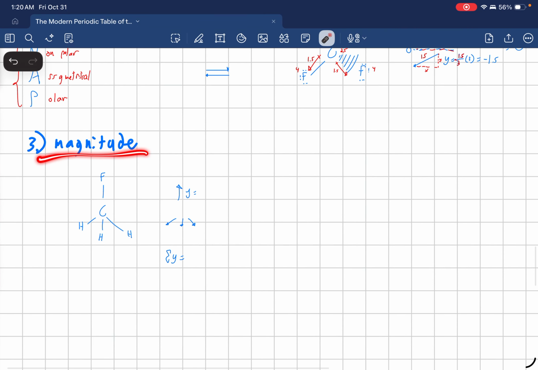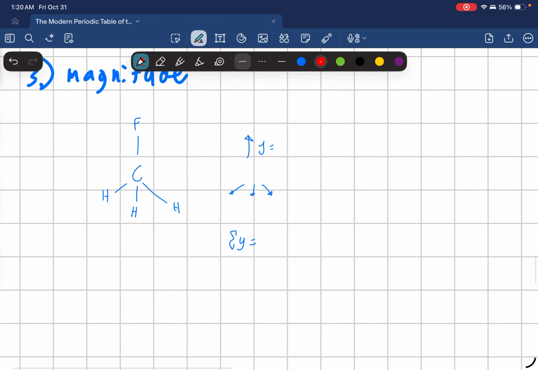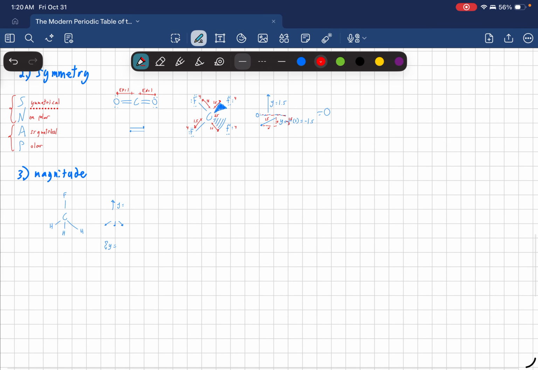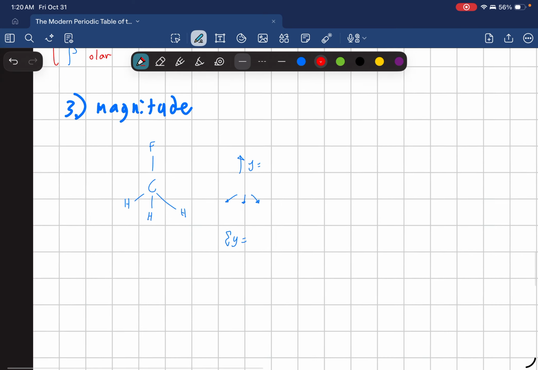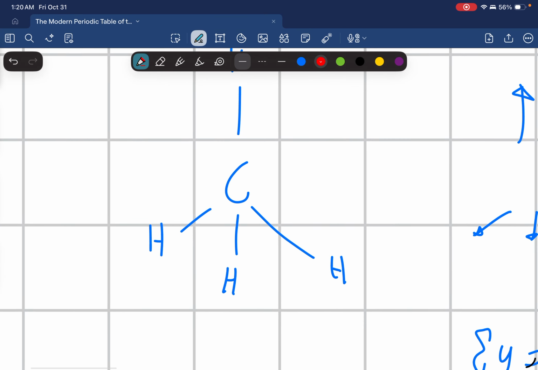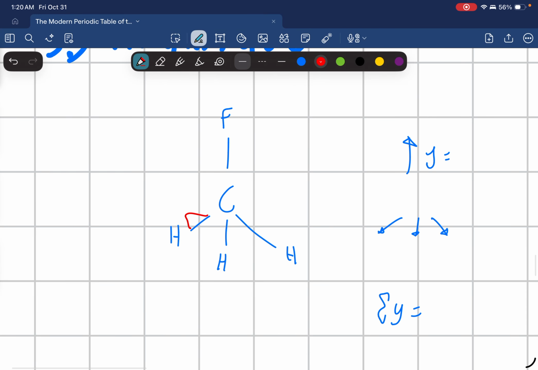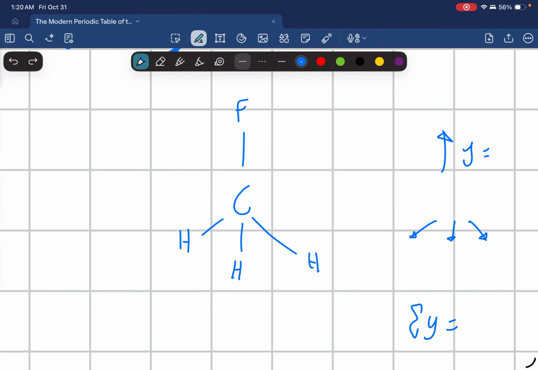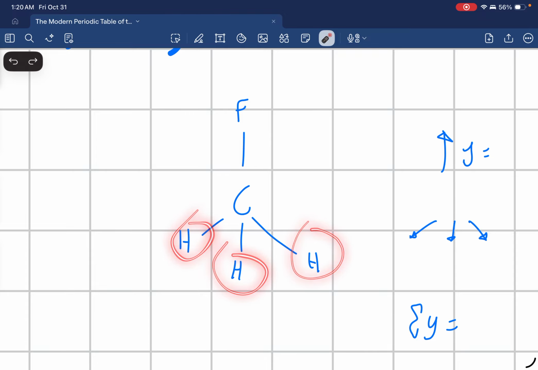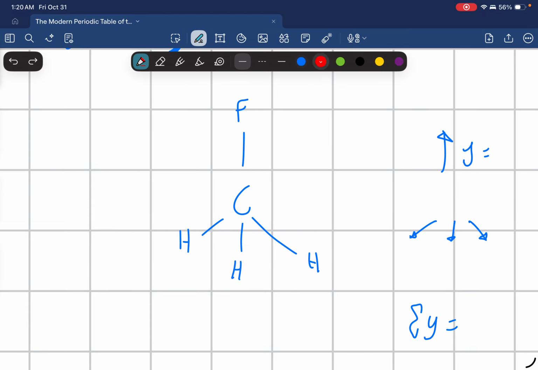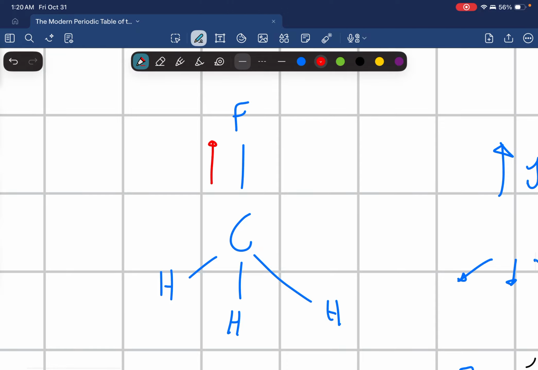Now we're going to get to magnitude, which is really important as well, which we talked about a little bit. So now if you take that molecule we just had, I didn't draw it with the proper triangle or anything like that, but hopefully you get the shape. It's going to be the same tetrahedral, but now we have 3 hydrogens at the bottom instead of fluorine. So let's fill this out. So the fluorine is going to be the more negative, so the positive is at the carbon end.